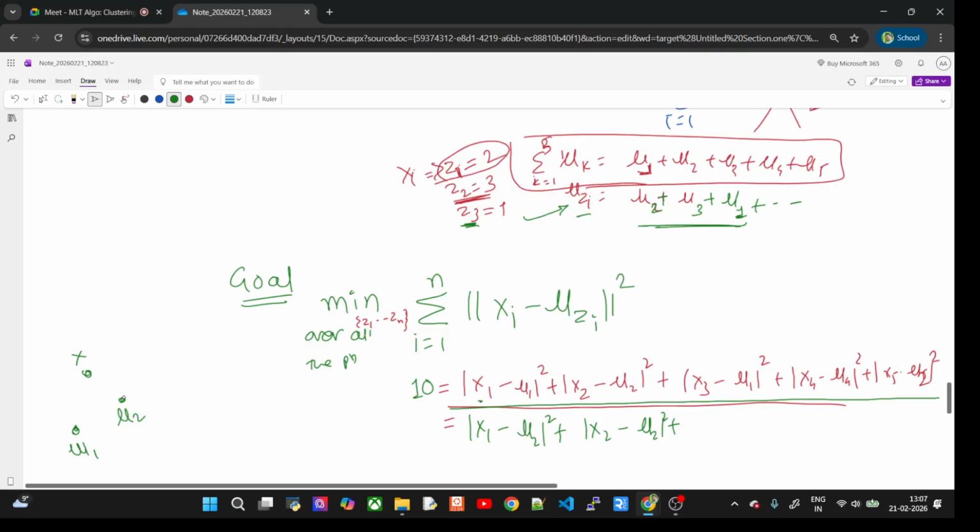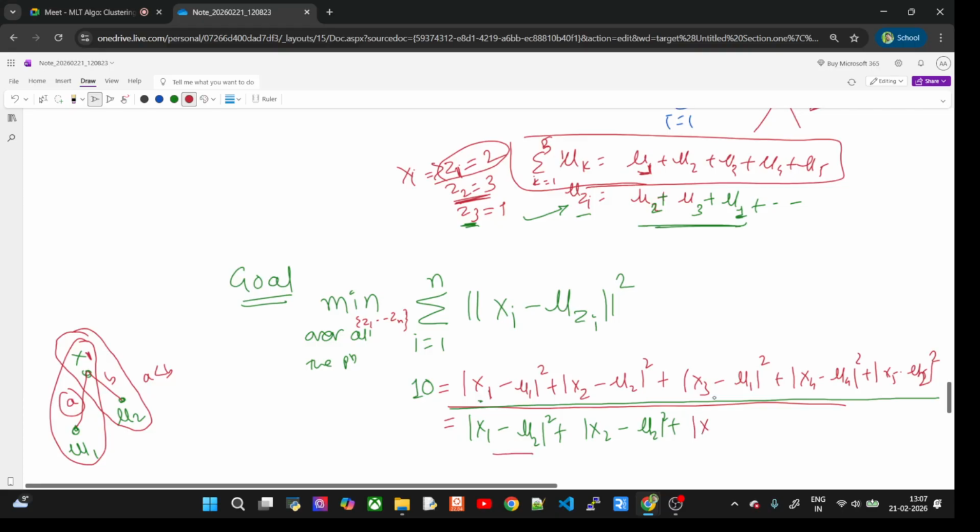It is saying this distance and this distance. Initially you said x1 and mu1 had a sufficient distance, less than the other, so x1 belongs to this cluster, but later you found this is a little more, so you also check the distance x1 minus mu2.